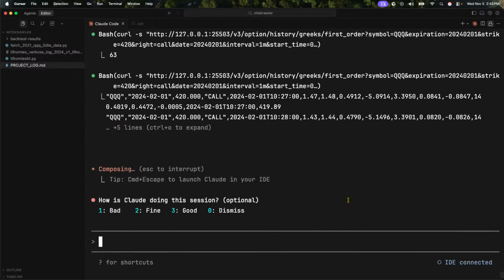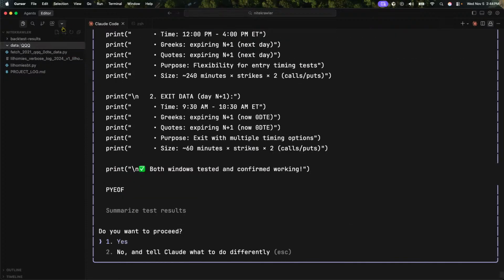Yeah, this data file is staying right here. I'm not gonna hold you. Data QQQ 2024.